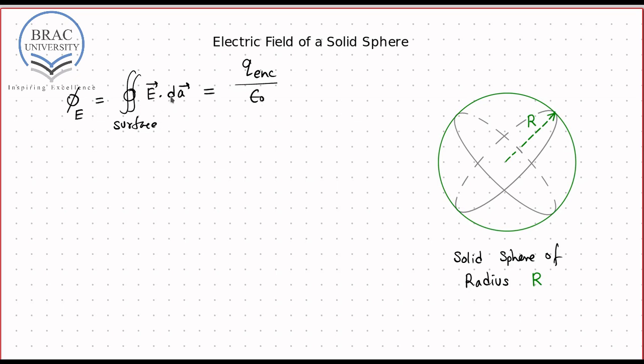Here dA is the area element, and E is the electric field on that surface, and Q enclosed is the charge enclosed by the Gaussian surface.